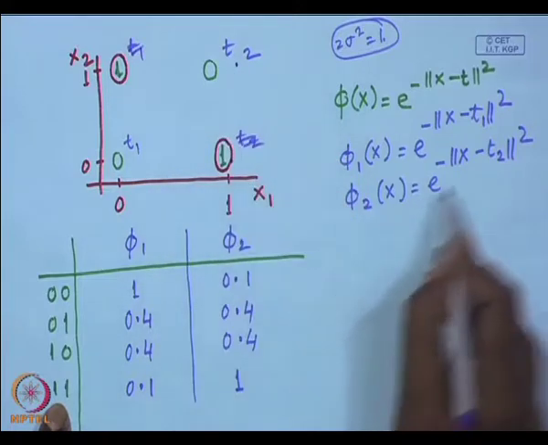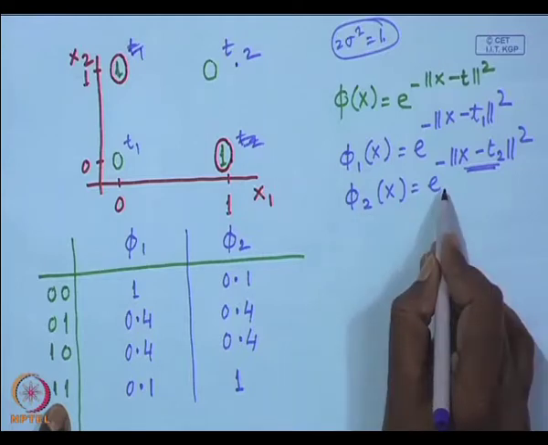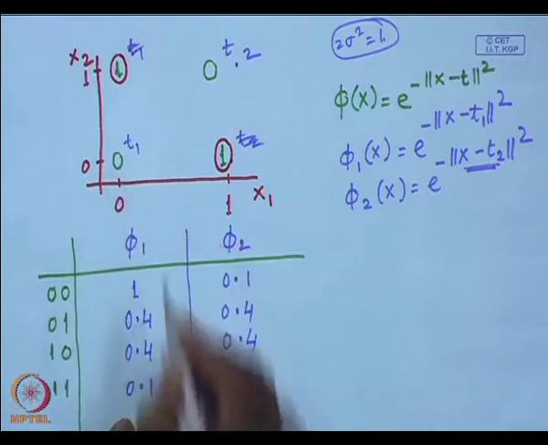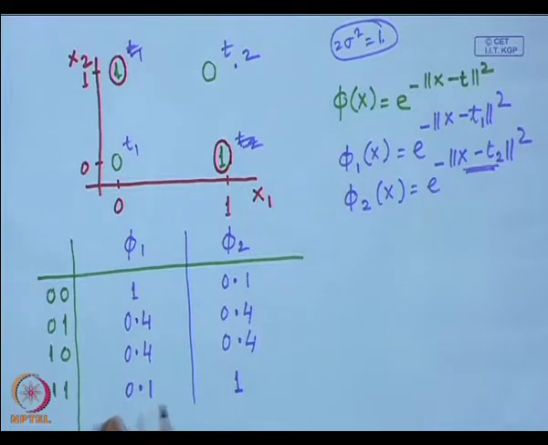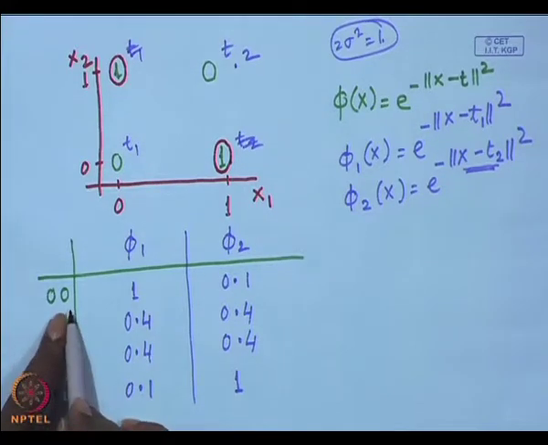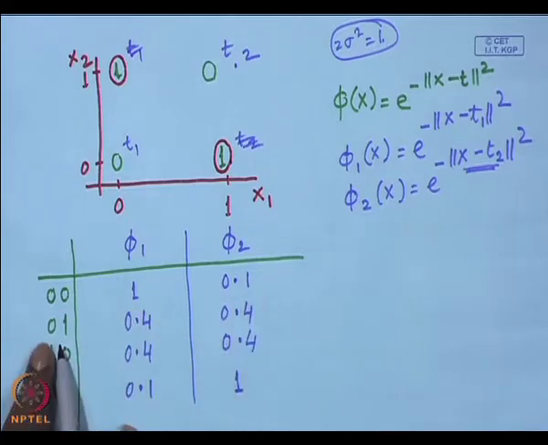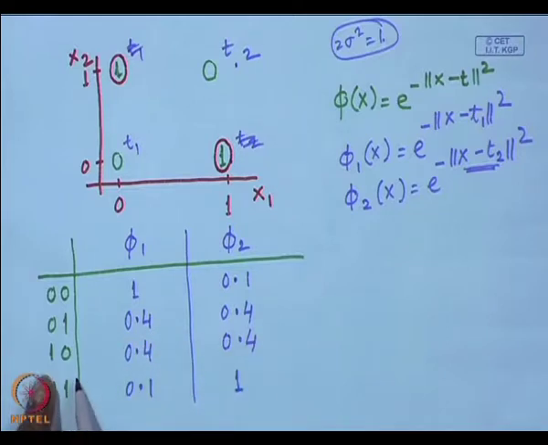So, phi 2 of x, this distance being 0 now, will be equal to 1, and phi 1 of x will be equal to 0.1. So, you find that 0 0 has been mapped to 1 0.1, 0 1 has been mapped to 0.4 0.4, 1 0 has been mapped to 0.4 0.4, 1 1 has been mapped to 0.1 1.